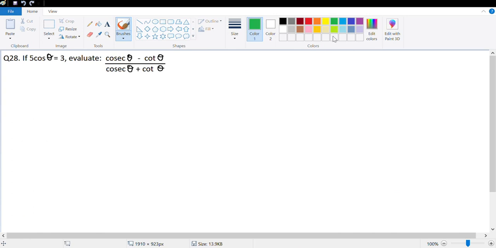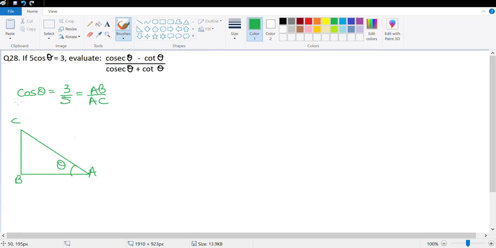That's question number 28. Question number 28 says 5 cos theta is equal to 3, which means cos theta is equal to 3 upon 5. Let's draw a rough diagram. Let's say this is A, this is B, this is C. Let this be the reference angle, which means in this case cos theta would be base upon hypotenuse.